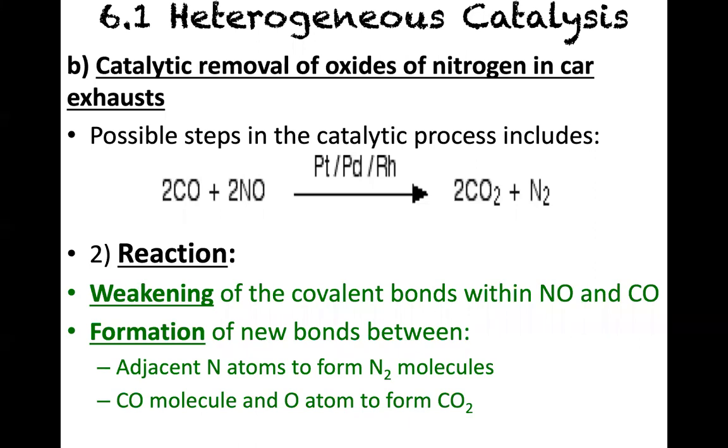Formation of new bonds between the adjacent nitrogen atoms to form N2 molecules, which is your product, and the CO molecule and oxygen atom to form CO2. Some of your CO molecules that were not broken will combine with the oxygen atoms that were broken from the CO, right?